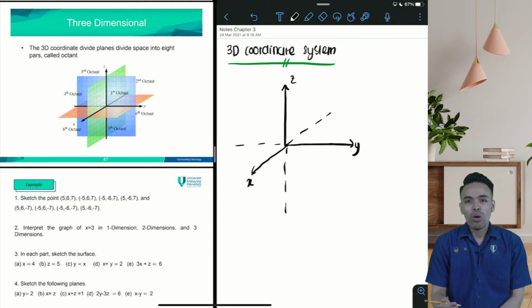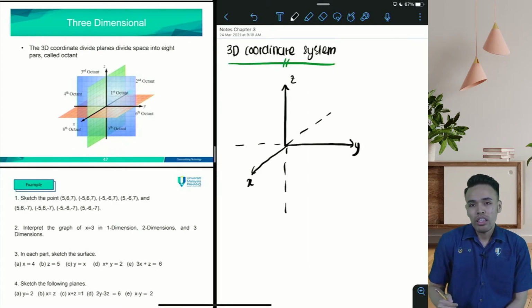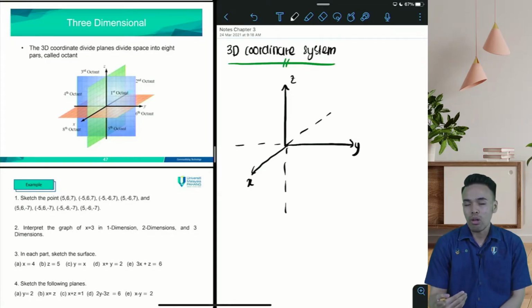Now, I would like you to imagine yourself in a 2-story building where you have a ground floor and a first floor. Imagine you are in one of the rooms on the first floor, and we will call that room the first octant. The room located right in front of you, we will call the second octant, and the room beside the second room, we will call the third octant.